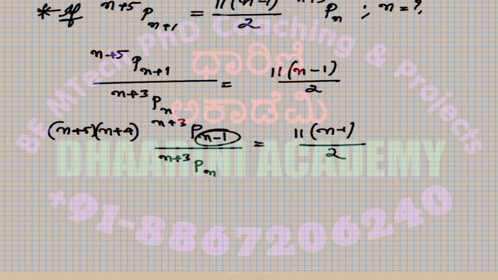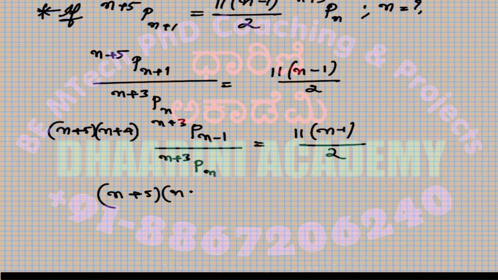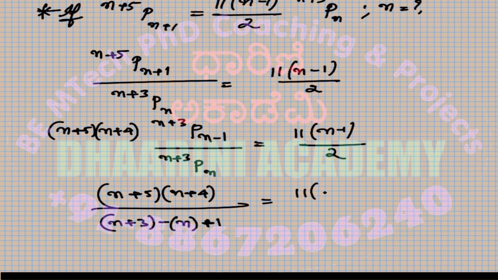Because of which my answer comes into the denominator. Answer is the same but comes into the denominator. Numerator still has (n+5)(n+4). Denominator is n+3 minus the r value, n+1. I'm applying the equation (n+3) minus (n+1). Right side is 11 times (n-1) by 2.